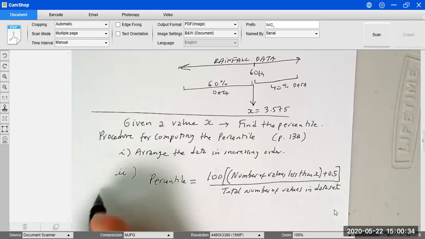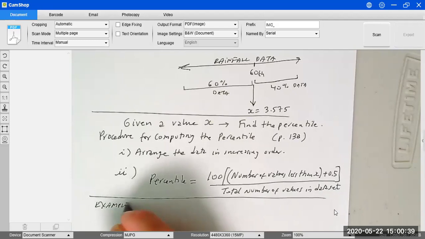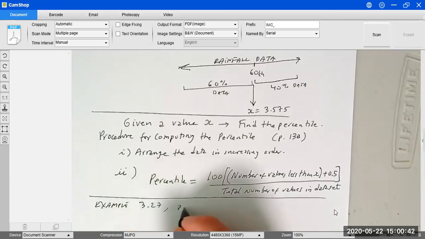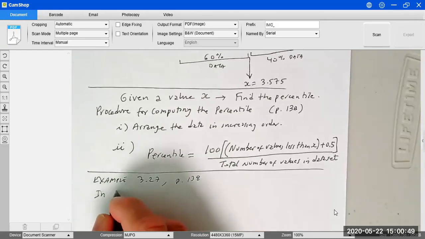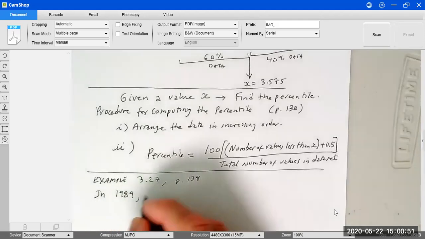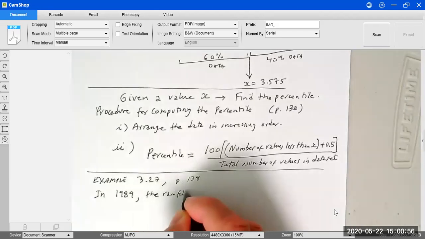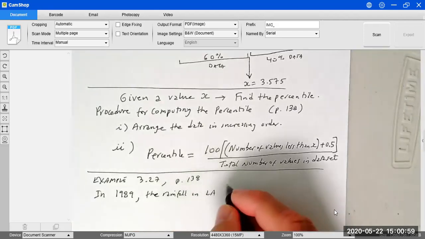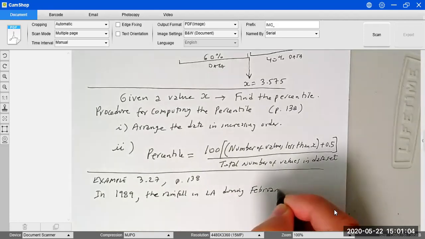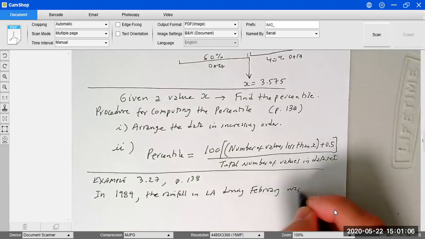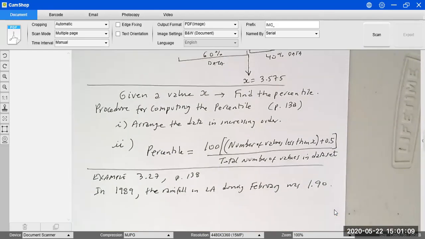So we're going to work now example 3.27 on page 138. So the problem says that in 1989 the rainfall in LA during February was 1.90.